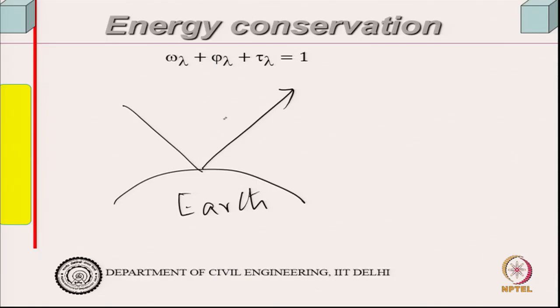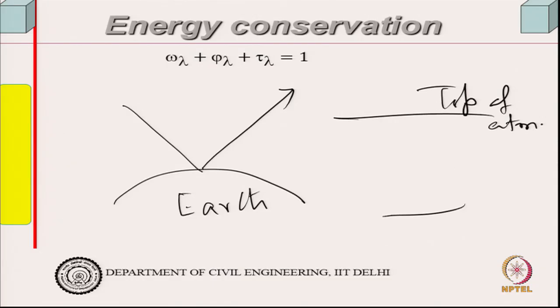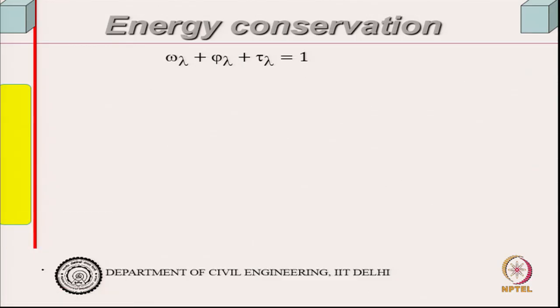Actually 50% of it goes away straight from the top of the atmosphere, so 50% does not reach the surface. The other 50% over the year also goes out, some by evaporation, some by radiation, some by convection to the upper layer. So the heat balance of the earth is like that. But then absorption is focused by those gases, and they will trap it. But we are not talking much about that today.